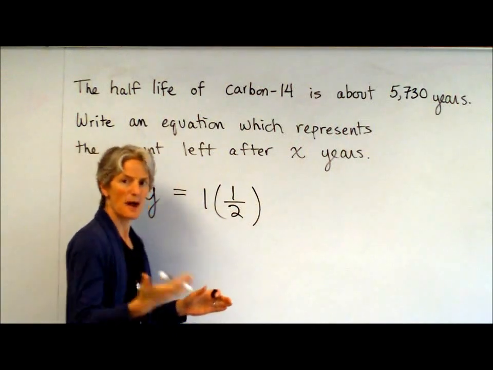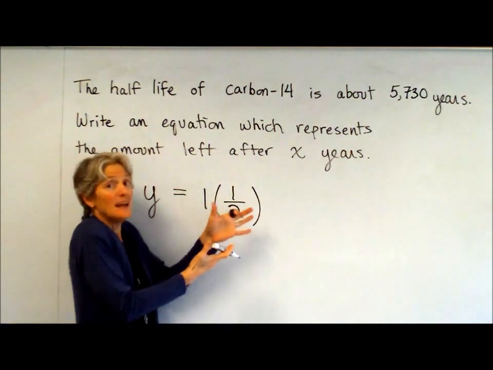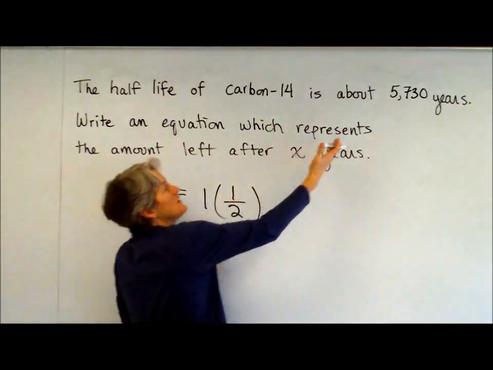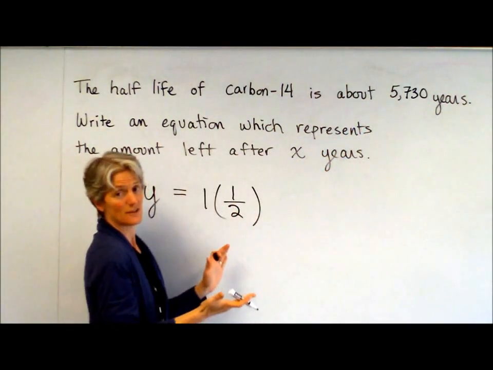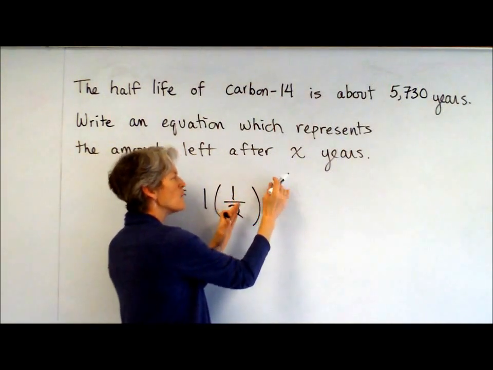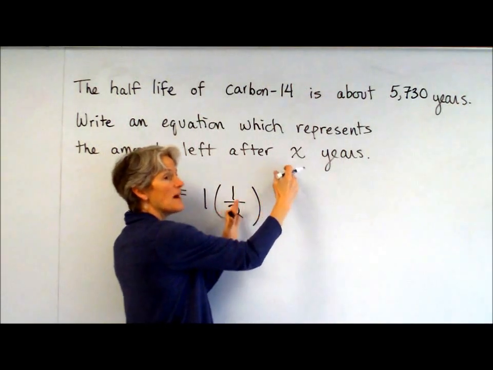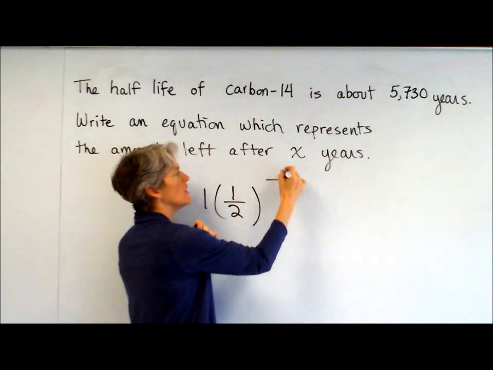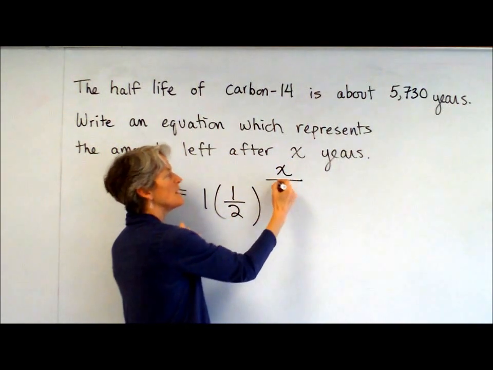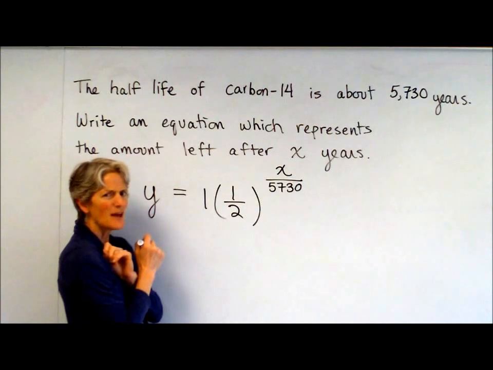This is just like the problem that was just done. I'm not halving every year, I'm halving every 5,730 years. So let's figure out what that exponent is going to be. I want to halve once every 5,730 years, so I'm going to take the number of years and divide it by 5,730. Does that make sense?